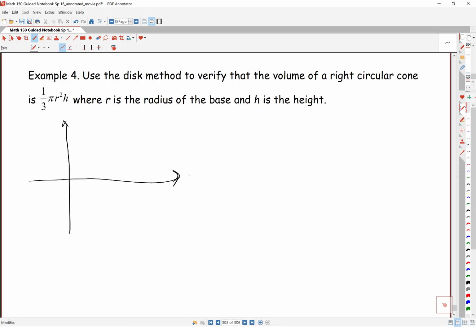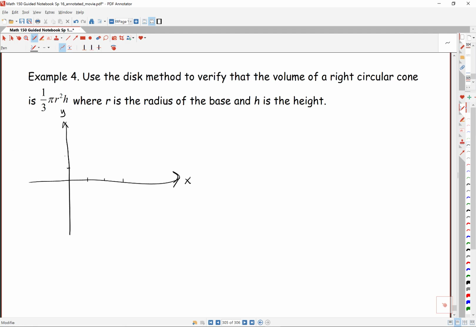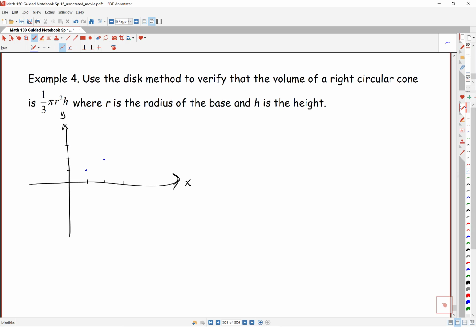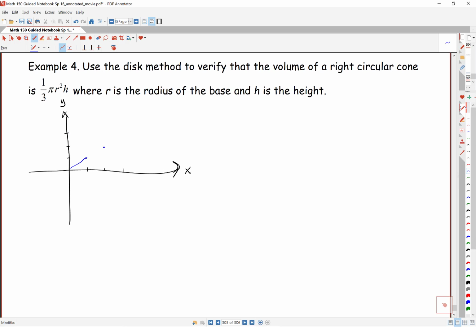This is x, this is y. And your graph, if you remember correctly, you would have something like 1, 2, 3, 1, 2, 3. So you'll have the line y equals x going on, and you would do this until you get to your height.